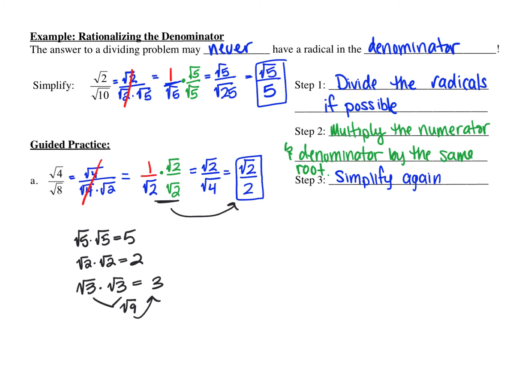So if you want, you can stop writing this step, okay? So if I were to have square root of 15 times the square root of 15, so root 15 times root 15, that's just going to be 15 without the radical sign. If I had square root of 12 times the square root of 12, that's just going to be 12. So we can stop writing that middle step if we want to save time on our work.